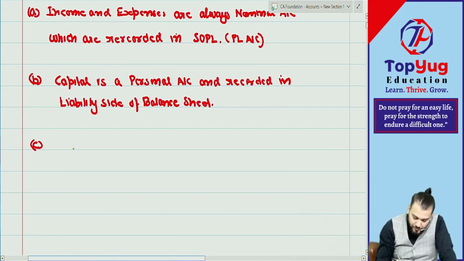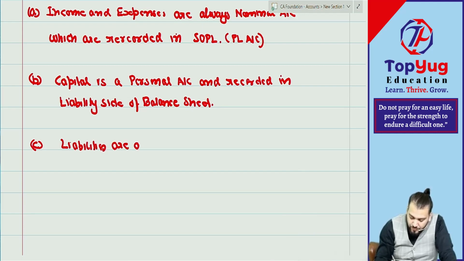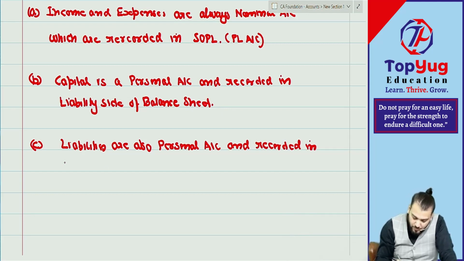Point number C. Liabilities are also personal account and recorded in liability side of balance sheet.